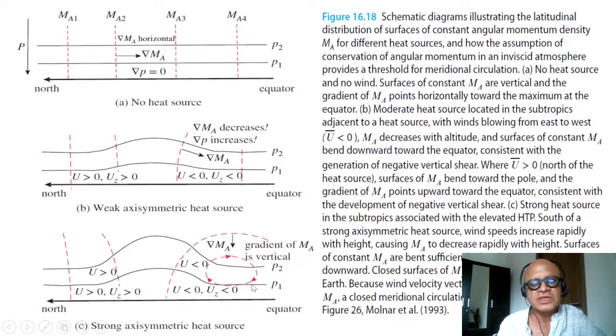In other words, the angular momentum lines, instead of being perpendicular to the surface, are going to become almost parallel to the surface. That's the condition when you are going to set up this meridional circulation that we are seeking.